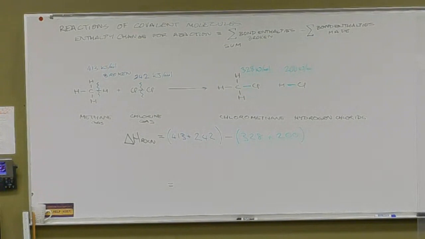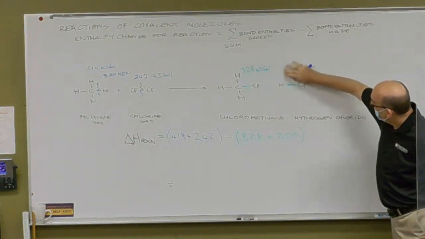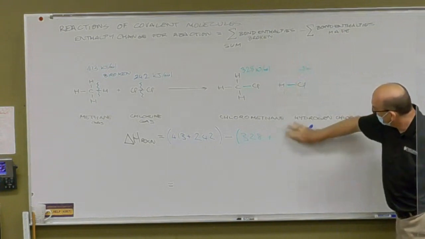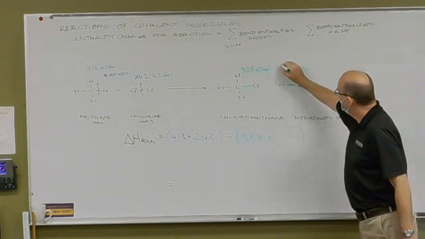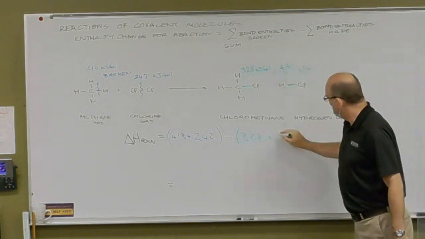Where did I get my 200 from? That is odd. Yep, I transcribed the number wrong from the table. The H to Cl value isn't 200. That's why that number is 431.